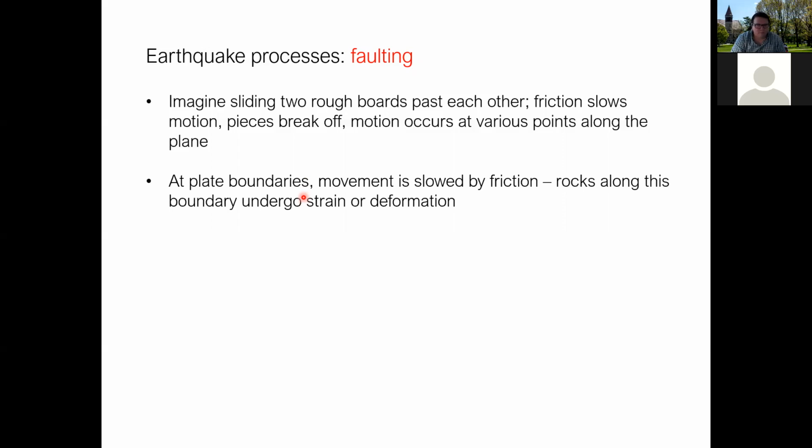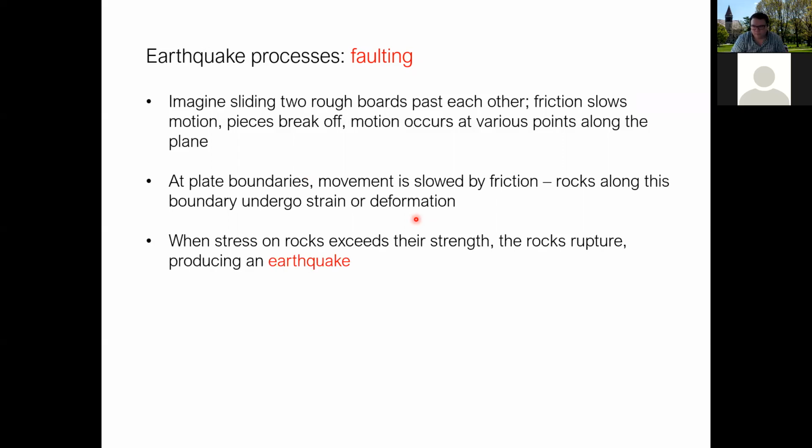Clearly, similar is true for plate boundaries. Movement is slowed by friction of the rocks along the plate boundary, which can lead to fracturing, presence of smaller faults, or metamorphism, and clearly all of those occur in geology along fault planes. But whenever the stress exceeds the strength of that rock, it'll fail either by brittle deformation, which causes a rupture, or, if it's something not quite as hard, it will start to bend or metamorphose, which is more ductile failure.